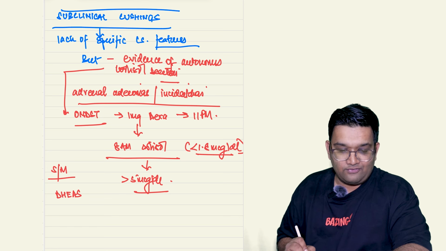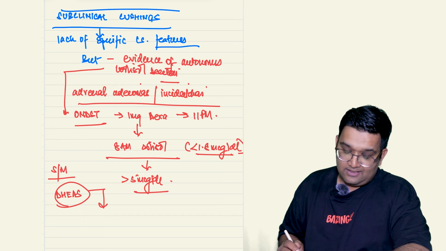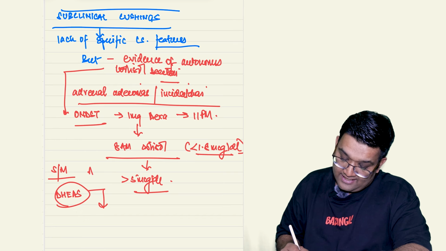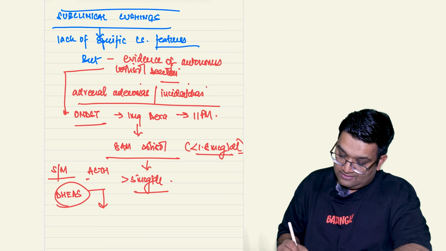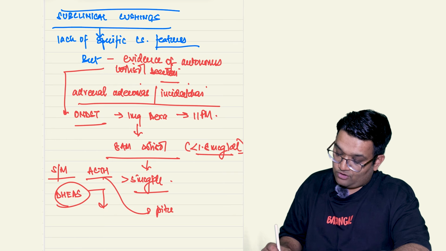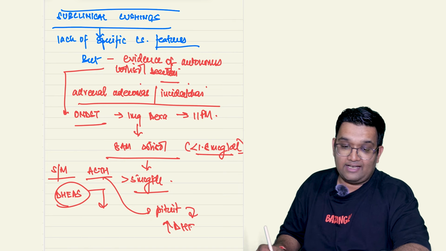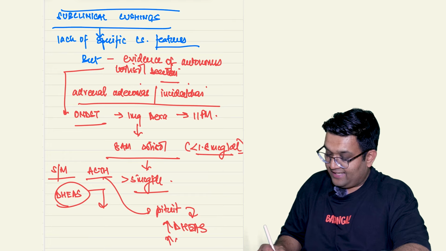In case of DHEAS, if the ACTH is causing this kind of secretion, that is, if the pituitary is causing this, it will cause an increase in the DHEAS along with an increase in the ACTH.